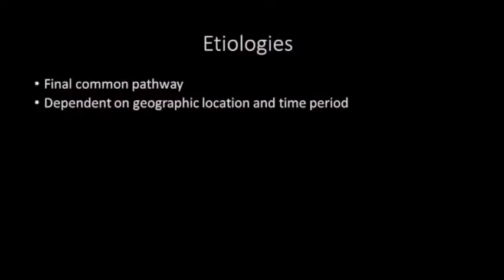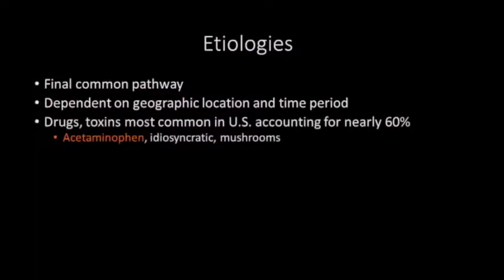As far as the causes, what we're talking about, this acute fulminant liver failure, is the final common pathway for many etiologies. And the inciting cause has a lot to do with the geographic location of the patient and the time period of their liver failure. In the United States, drugs and toxins are the most common etiologies for fulminant acute liver failure, accounting for nearly 60%.